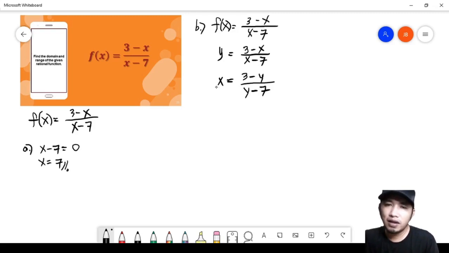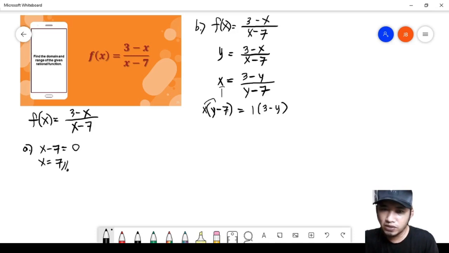And then, the cross multiply kasi merong imaginary 1 dito. Diba? So, cross multiply, that becomes x multiplied to y minus 7 equal to 1 times 3 minus y.